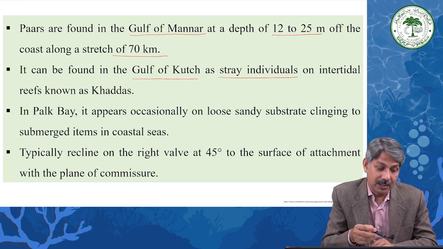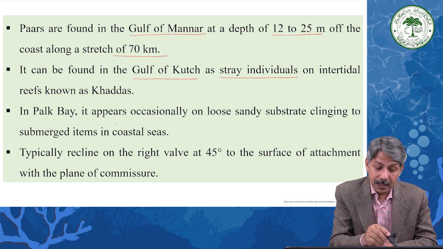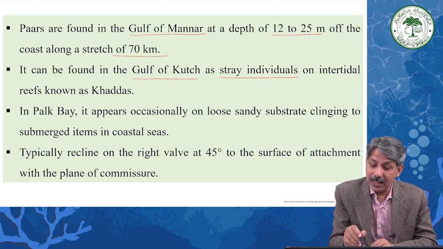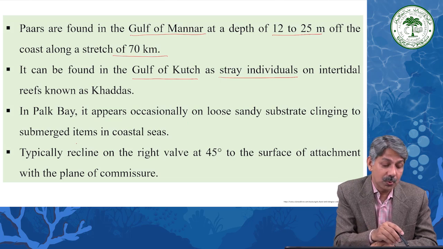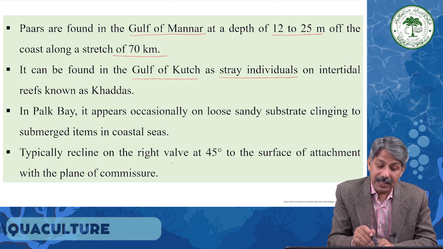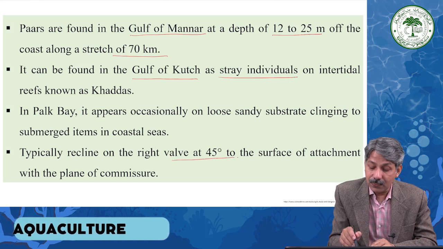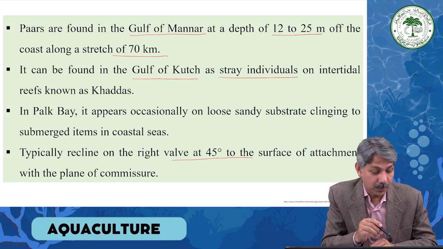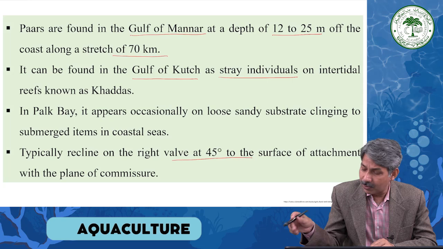In Palk Bay, it appears occasionally on loose sandy substrate, clinging to submerged items in coastal seas. Typically, they recline on the right valve at 40° to the surface of attachment, with the help of the plane of commissure.